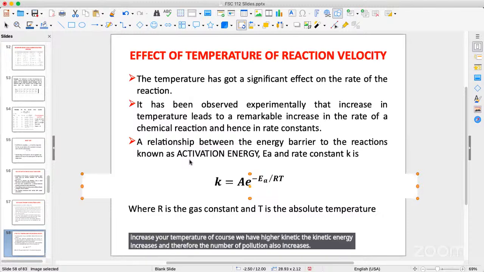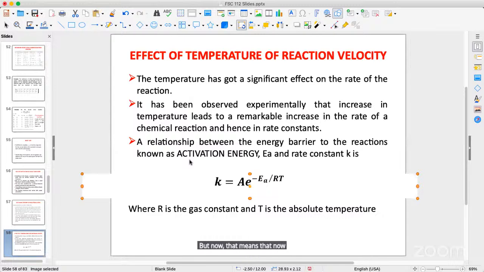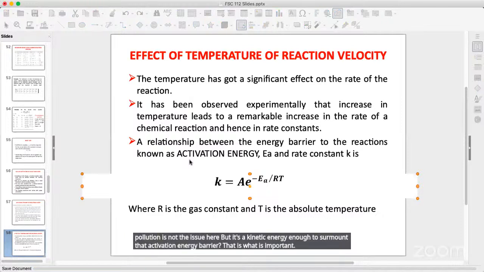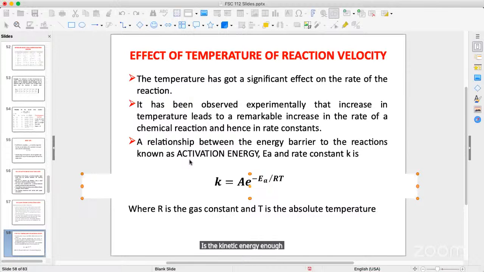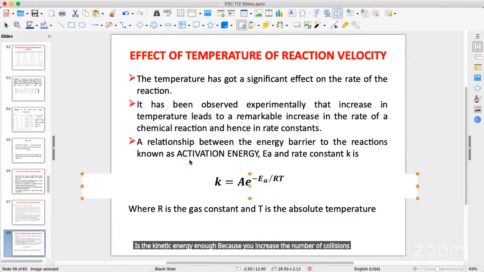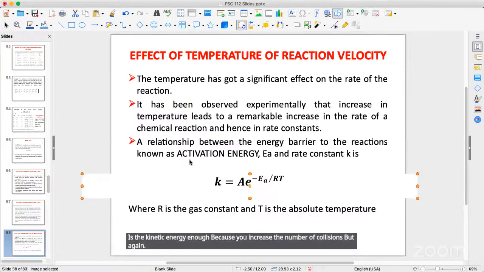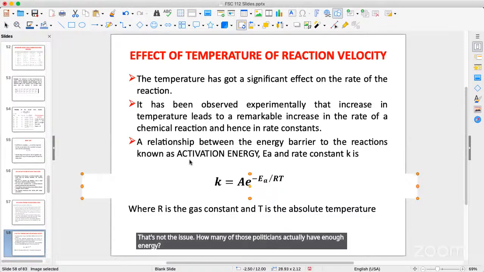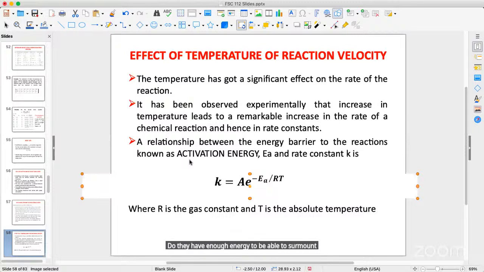But that you're increasing the number of collisions is not the issue here. Is the kinetic energy enough to surmount that activation energy barrier? That is what is important. Because you're increasing the number of collisions, but how many of those collisions actually have enough energy to surmount that energy barrier, which we call the activation energy?